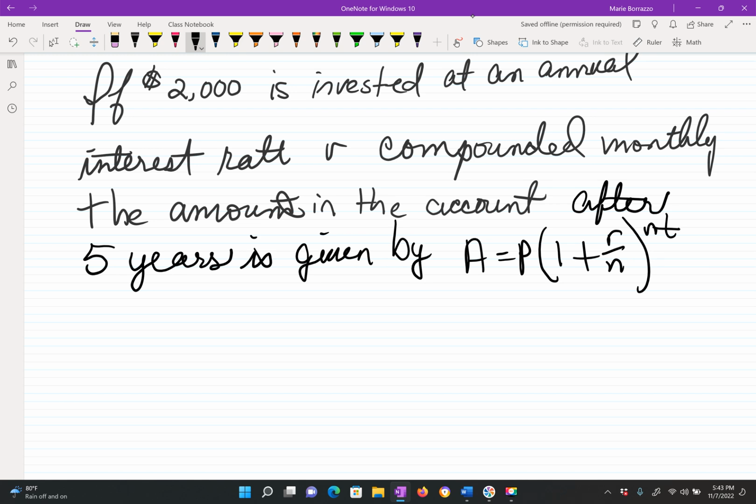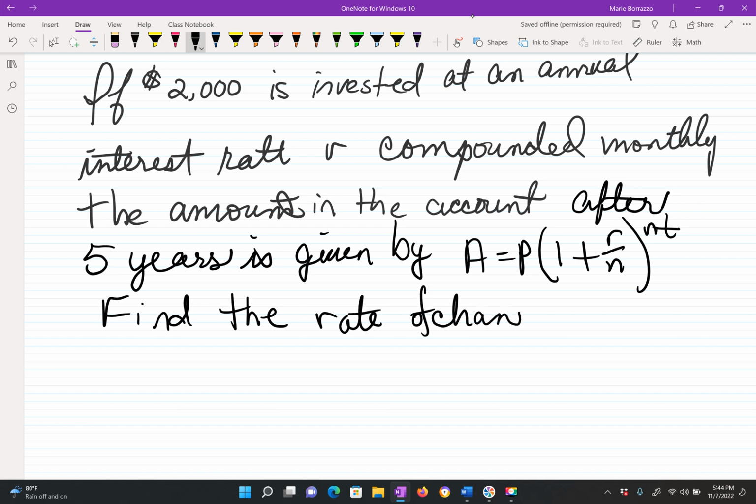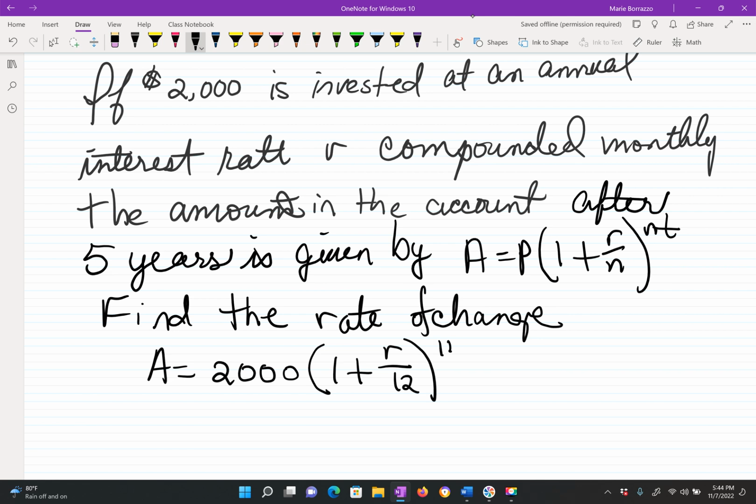They want us to find the rate of change. So if you set it up, based on the formula, the future value is going to equal that $2,000 investment times 1 plus R over 12, because it's rate over compounding period, raised to the compounding period times 5 years, which is 60 basically.